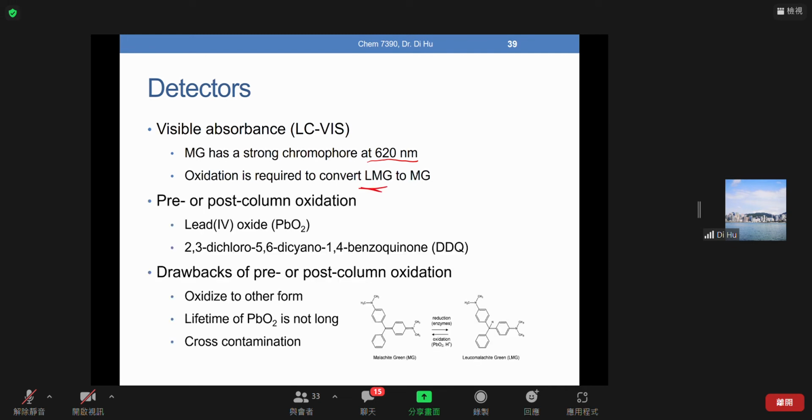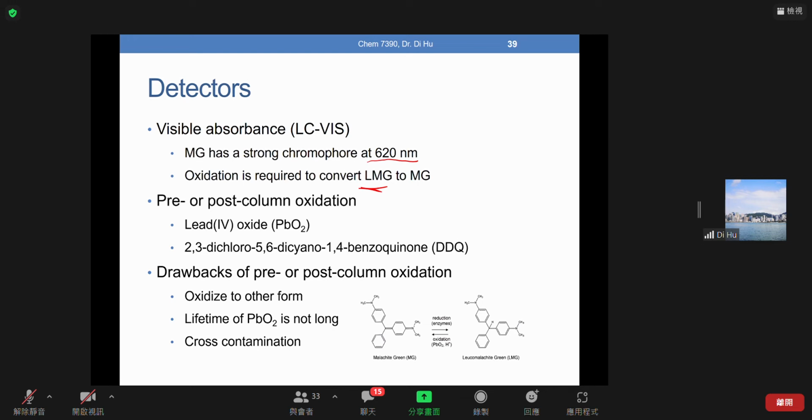In previous times, people also converted leucomelanocorrin to melanocorrin, not just for the visible light detector. Even think about the mass spectrometer, because melanocorrin has the charge, so it's more polar, more easily analyzed in ESI.